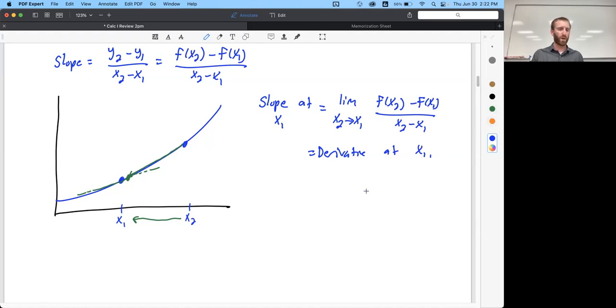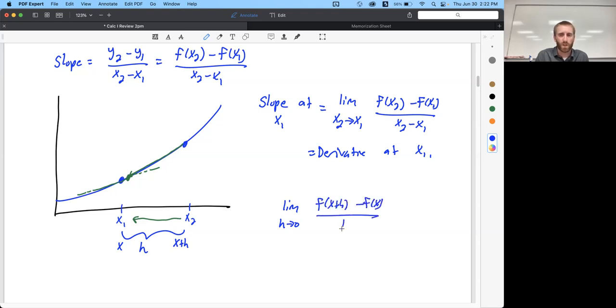The more common way to write this is to think about this horizontal distance between the 2 points and call it h for horizontal distance. And if I call this just x instead of x1, then this second point would just be x plus h. And then I would have the limit as h goes to 0, that horizontal distance going to 0, of f of x plus h minus f of x over h.